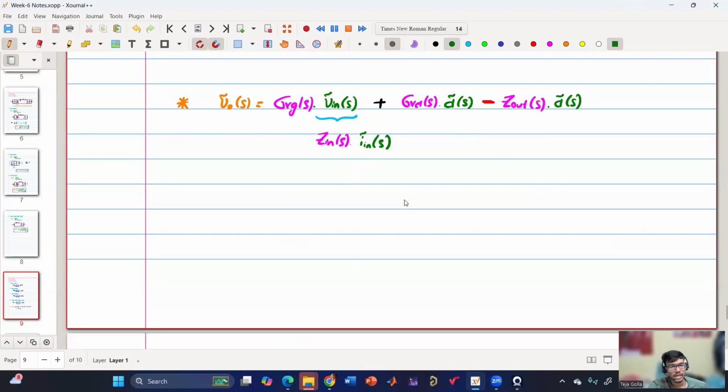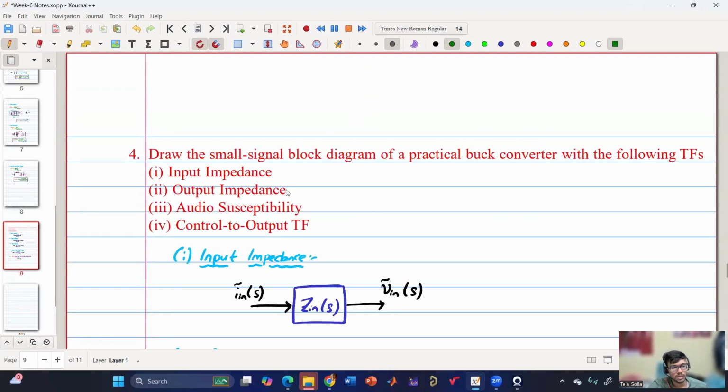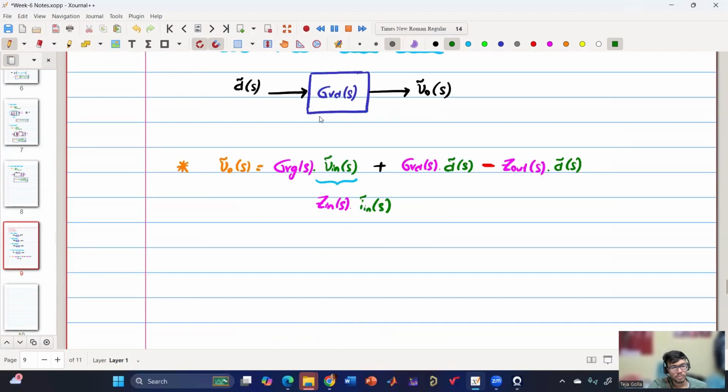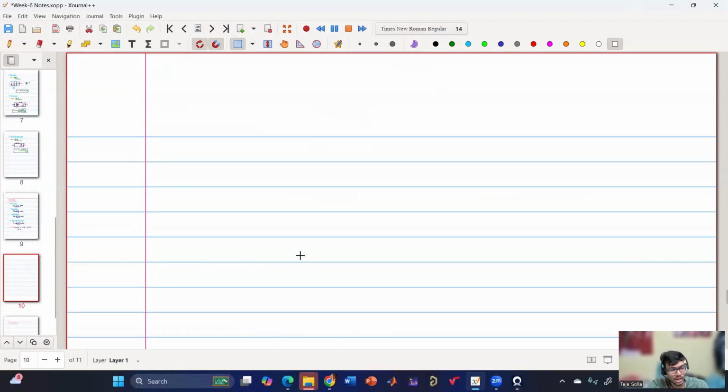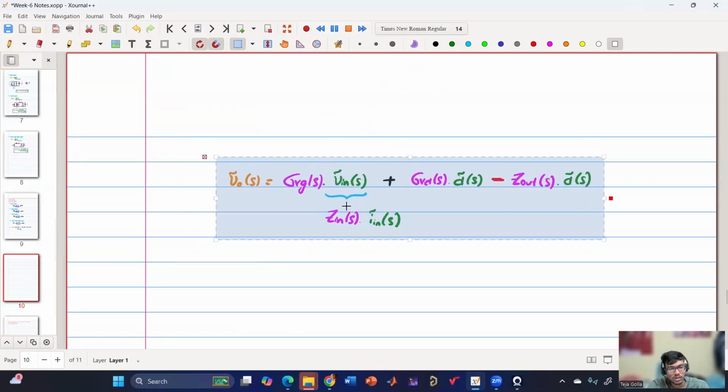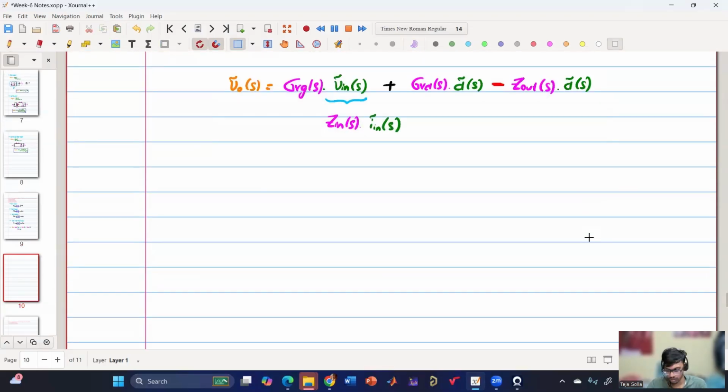Now we need to write everything in terms of a block diagram. So let us copy paste this and go to the next page. This is the final expression that we have obtained. Now we are going to draw a block diagram. Let me draw the blocks.